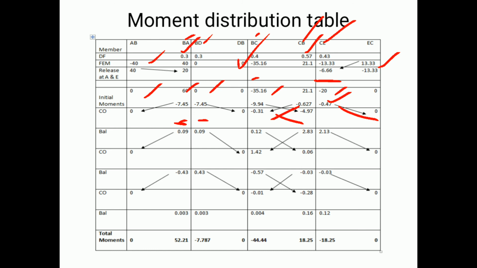In the next step, I have a balance moment here as 0.09 and 0.09. Here it is 0.12, 0.12 and 2.83 and 2.13 here. Again, there is no carry for AB, DB and EC. The only thing I am supposed to carry is for CB and BC, by taking half of the moment.